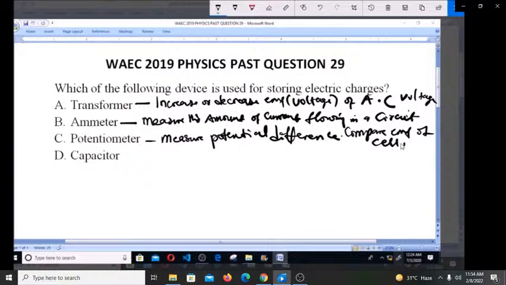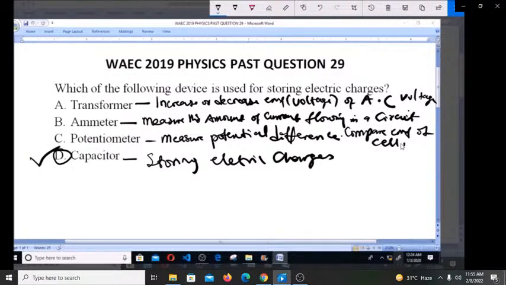That's what we use an ammeter for. And finally, a capacitor is a device used in storing electric charges. So from there you can easily see that D is the right option, capacitor.